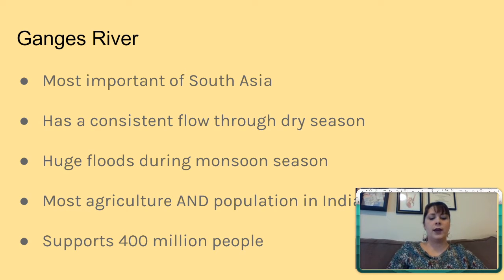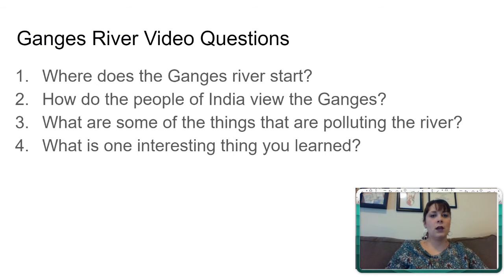And because you have food growing in the area, that also means that most of the people live there. The river alone supports over 400 million people, which is more than every single person in the United States. It's a lot of people. You'll also watch a video about the Ganges River for your homework today.